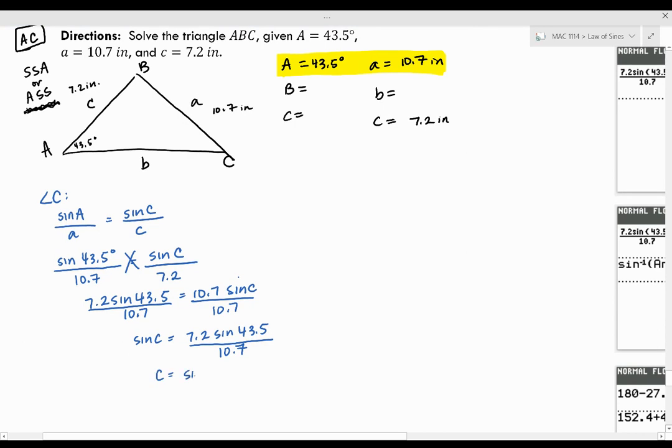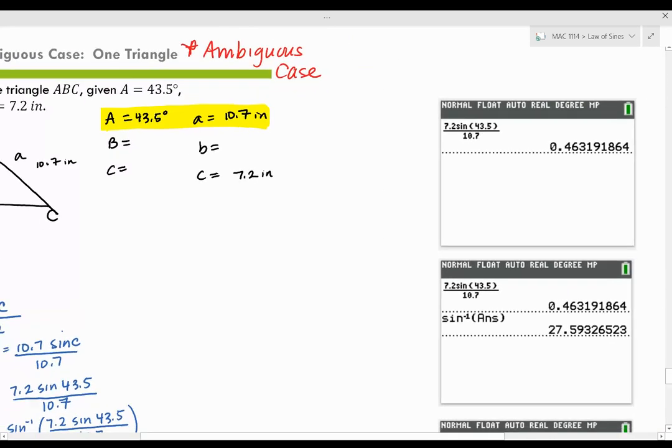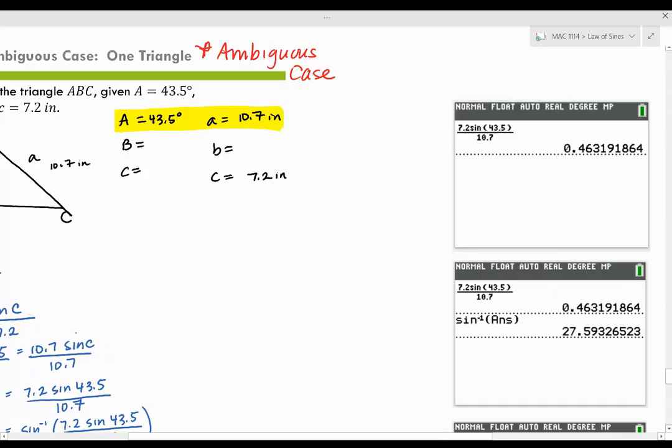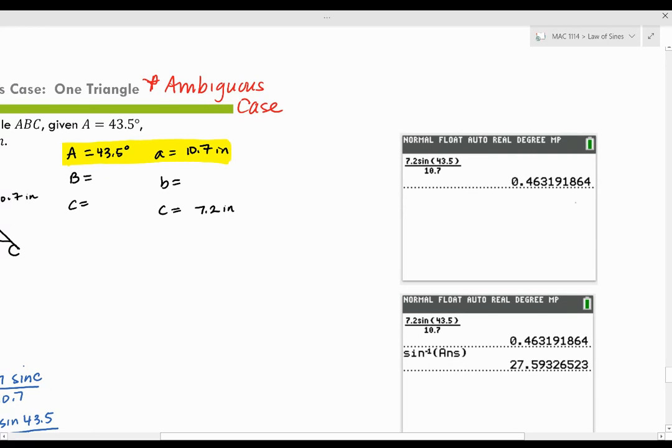So C equals sine inverse of 7.2 sine 43.5 divided by 10.7. I'm going to punch it in the calculator, and I get this answer.